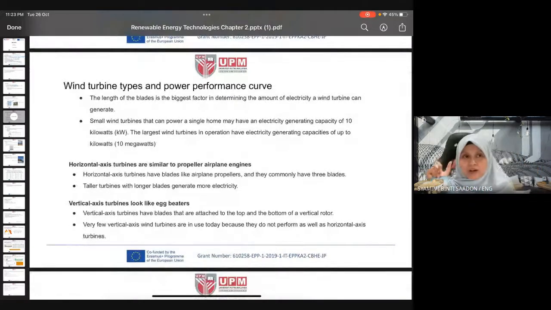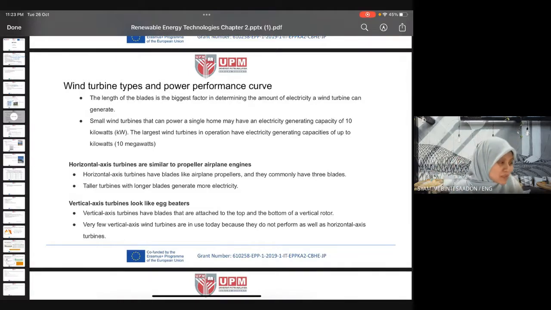The biggest factor to evaluate the amount of electricity produced by a wind turbine is the length of the blade. So we have to design an optimum. As design engineers, we have to know how long the blades should be in order to achieve a certain amount of electricity production.